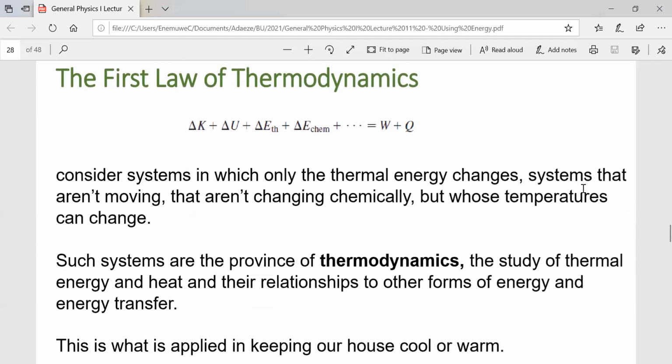All right. So today we're starting with the first law of thermodynamics. I'm sure we are familiar with this, but just a reminder of what the first law of thermodynamics is.